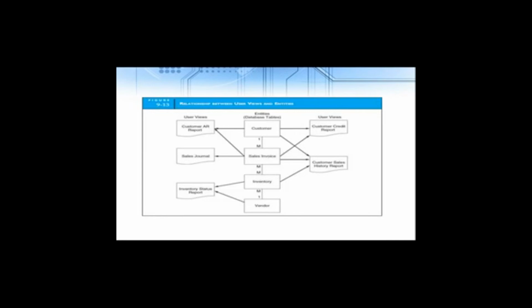Views may be digital or hard copy, but in all cases, they derive from underlying database tables. Simple views may be constructed from a single table, while more complex views may require several tables. The simplified tables and views presented in figure 9-13 illustrate this relationship.